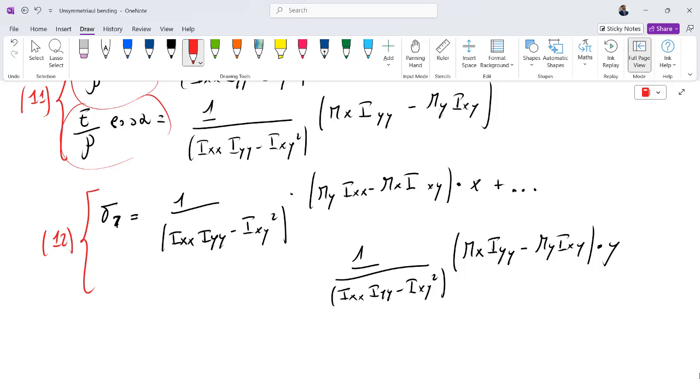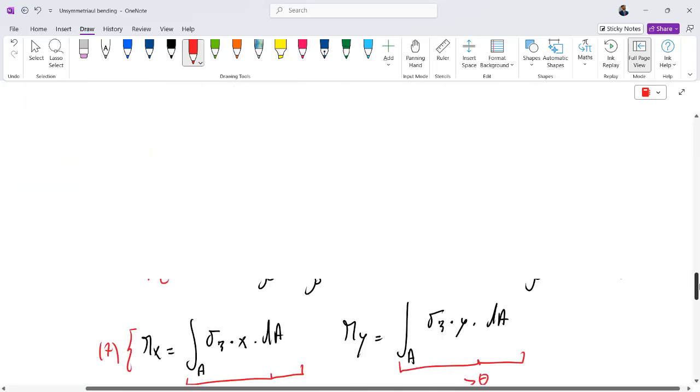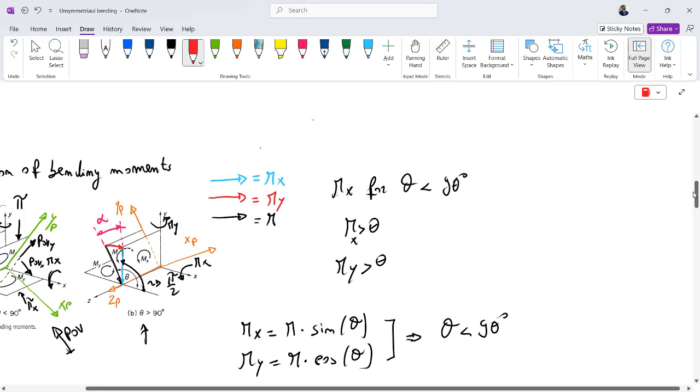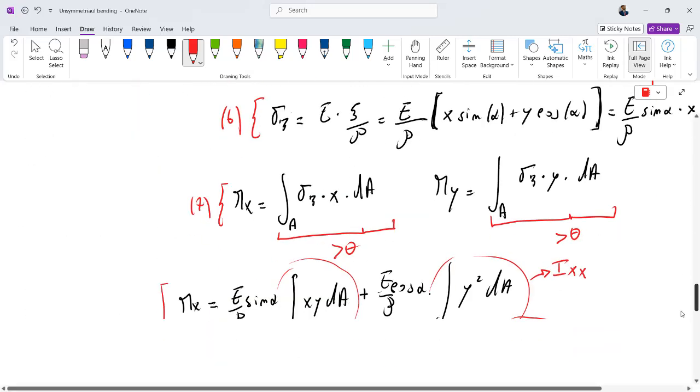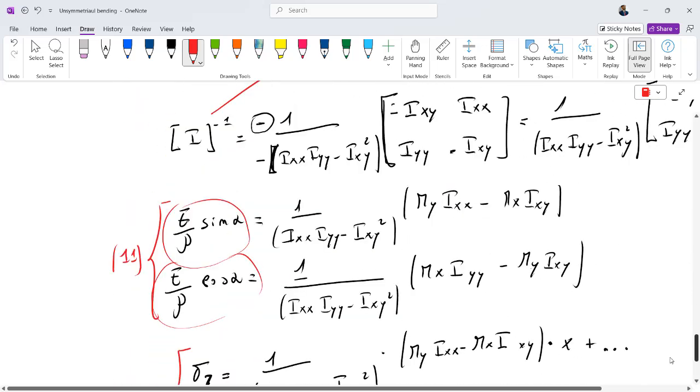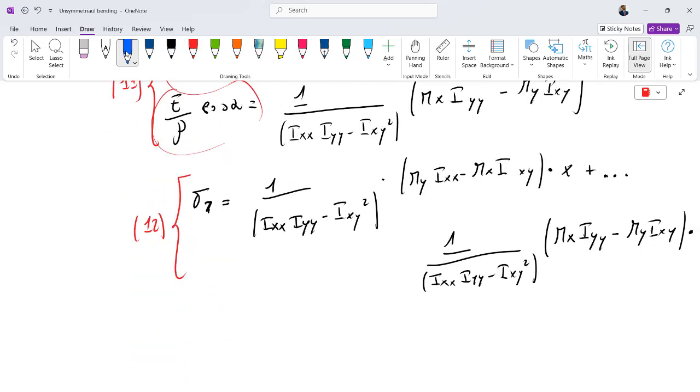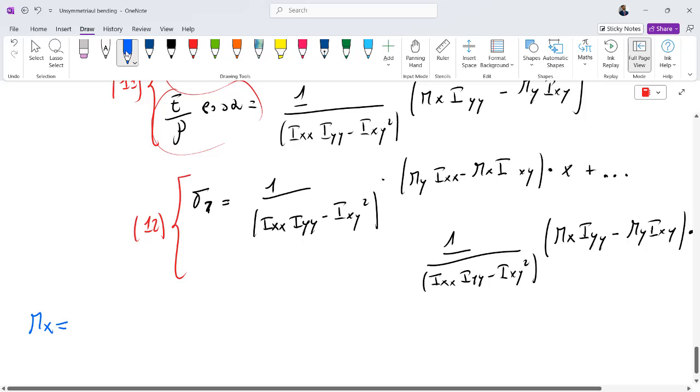If it's applied only on the vertical plane, you must know that in the vertical plane Mx is acting. The vertical plane is this. So if the only moment applied is in the vertical plane, we have a symmetrical bending moment where Mx is not 0 and My is equal to 0.